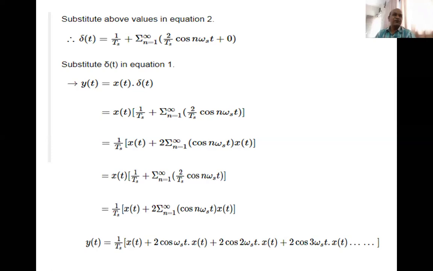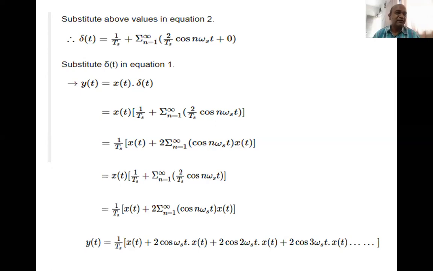Now we put all these terms in expression 1, that is x of t multiplied with delta t, that is 1 upon Ts plus summation of n equal to 1 to infinity cos(n omega s t), and out of the bracket x of t will be there.